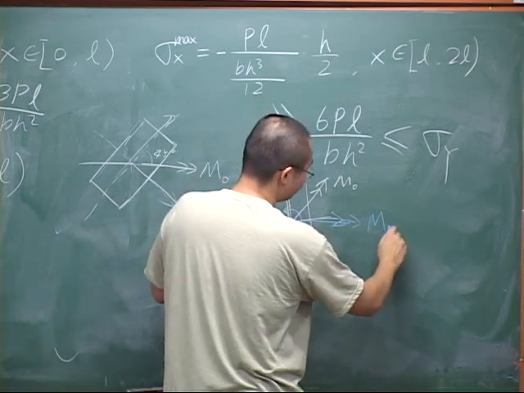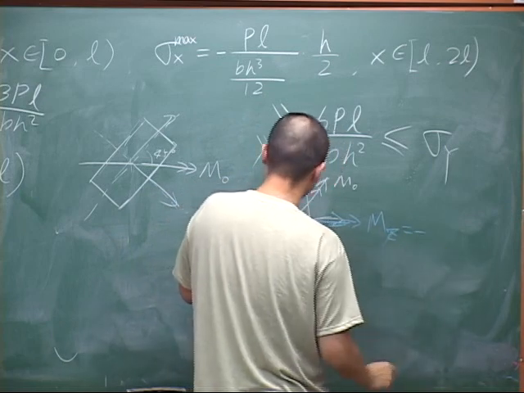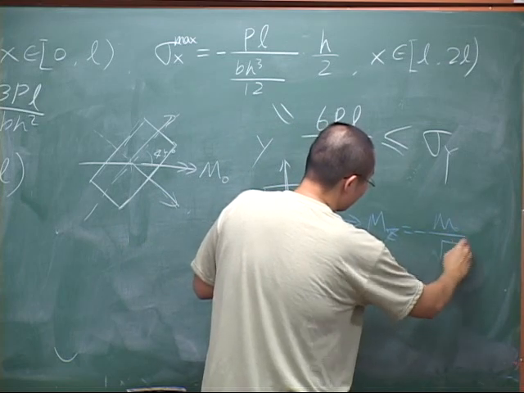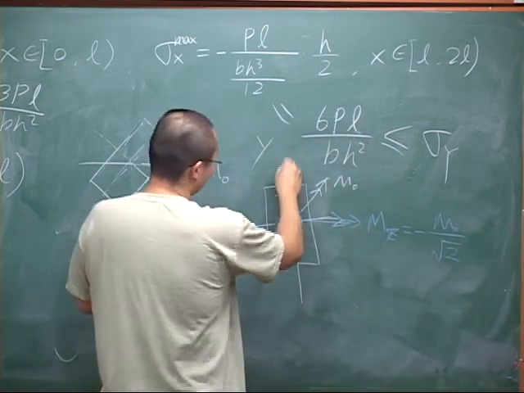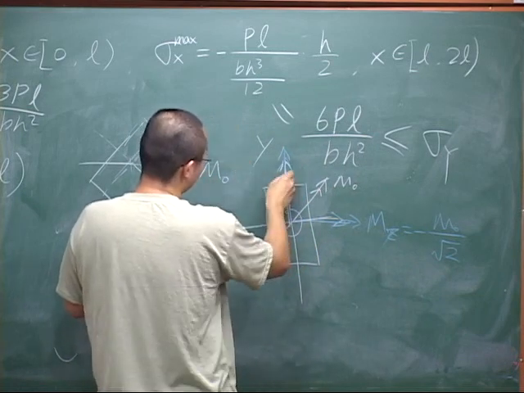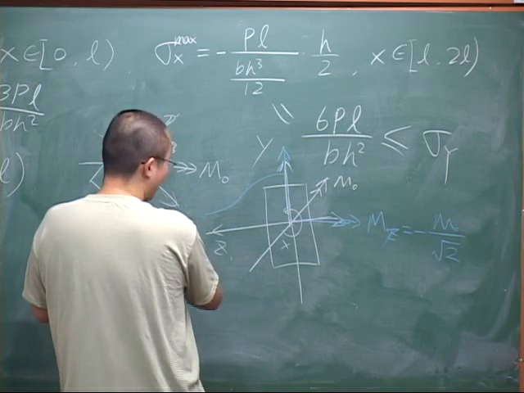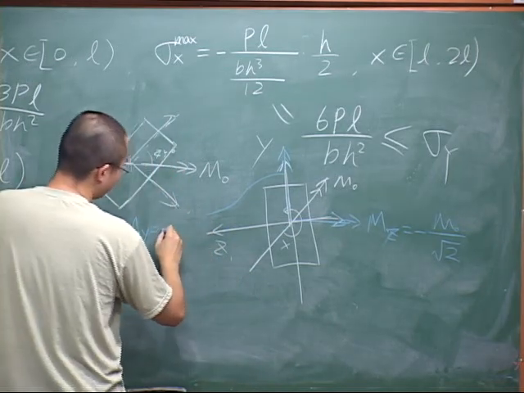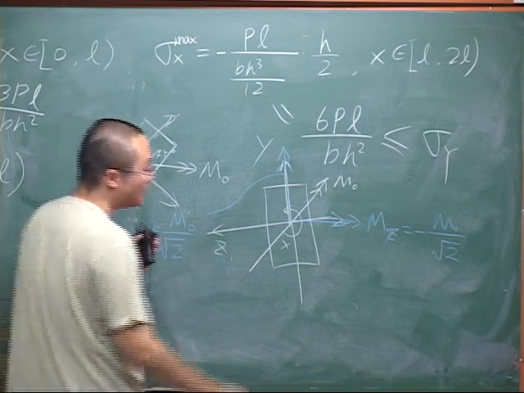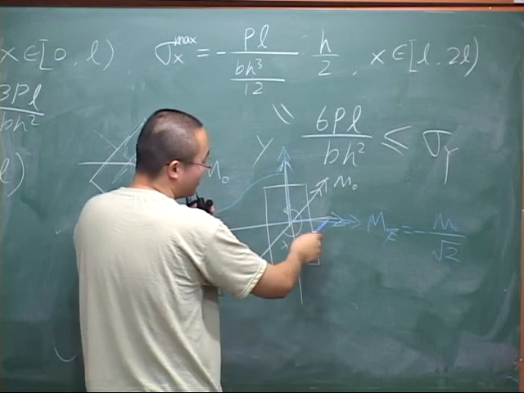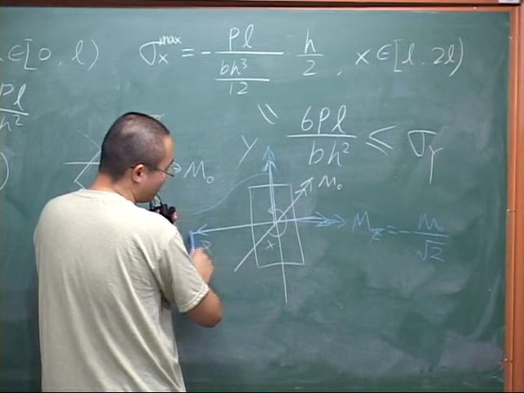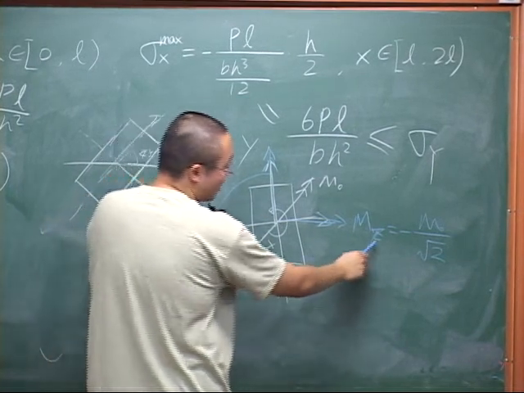Sorry, this is mz, equal to minus, and also we have my equal to. This negative sign is because the direction of this moment is opposite to the positive direction of the z-axis. That's why it's negative.